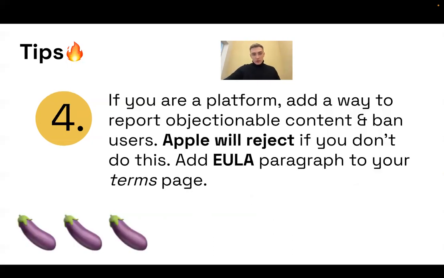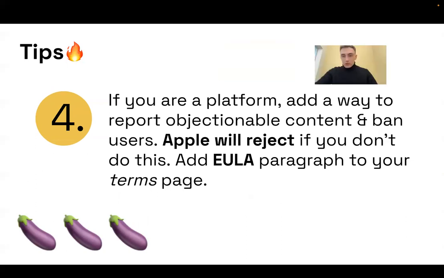The first one is to include the functionality to report, flag, or object to content that can injure children, or content of naked people or something you don't want to see in your app.